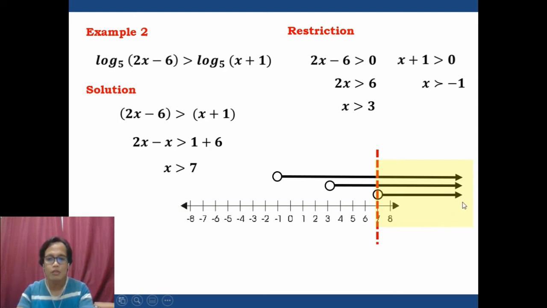Now, to write the solution set for this illustration, we can have 7, which is this one, 7 until positive infinity, or x is greater than 7. So from this boundary up to positive infinity, or x is greater than 7.